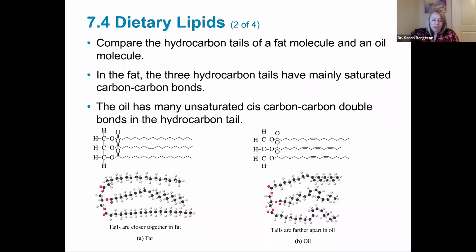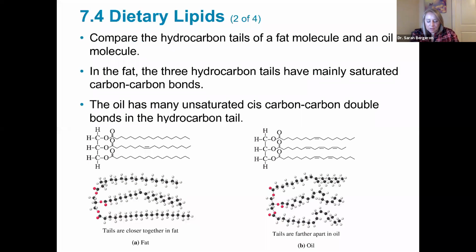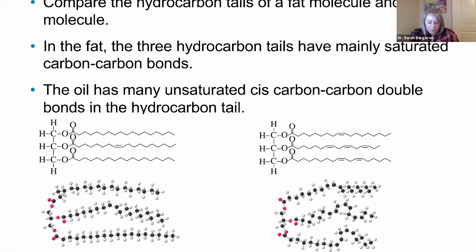And so when we look at a dietary lipid, we said it's a triglyceride. So what's the 3? Well, the 3 is I have 1, 2, 3 fatty acid tails. So that's my tri. Then glyceride, the triglyceride comes from glycerol. Glycerol is a carbon, right?